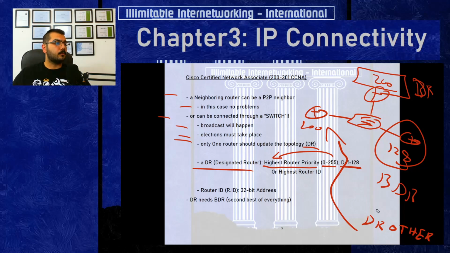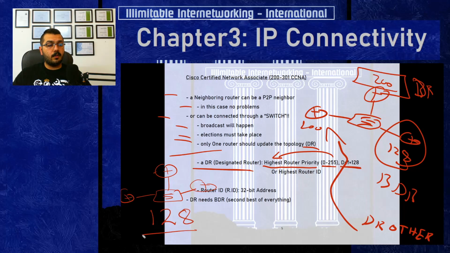Okay, so this is how to elect the DR. But just in case I have 3 new routers taken out of the box, all of them would be at the default value of the router priority, and I haven't configured them.